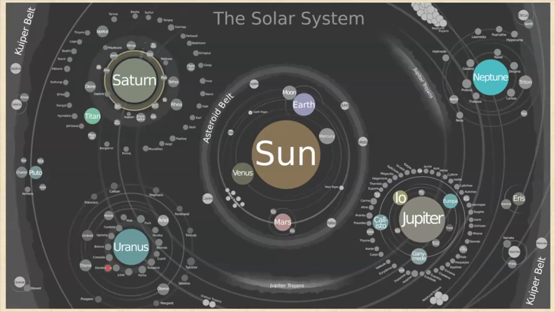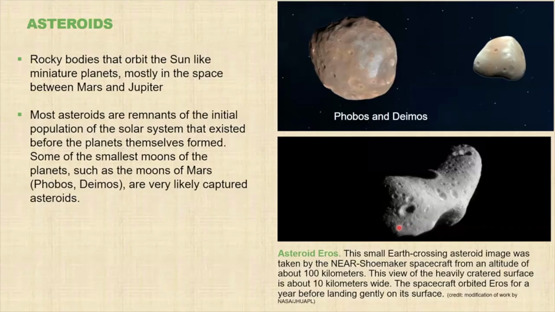Uranus has Titania, just called Titanic, why not? Pluto has 5 moons. And as you can see, Jupiter and Saturn have the most moons out of those 220 known moons. And there are more.